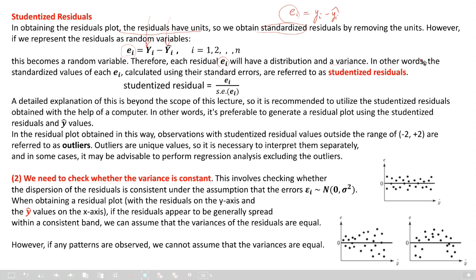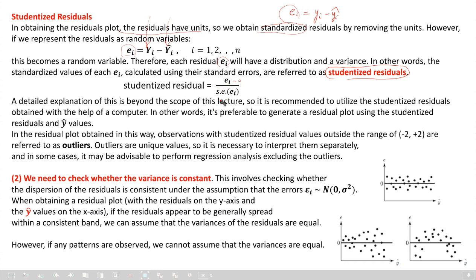In other words, the standardized values of each e_i, calculated using their standard errors, are referred to as studentized residuals. So the studentized residual is e_i minus 0, the standard form, so its mean, divided by its what? Standard deviation.